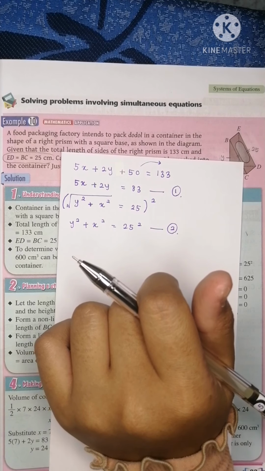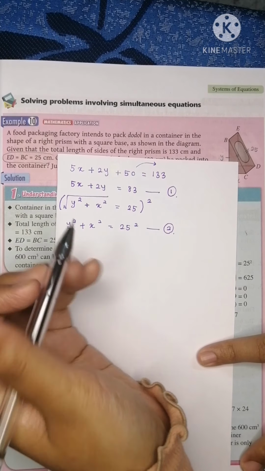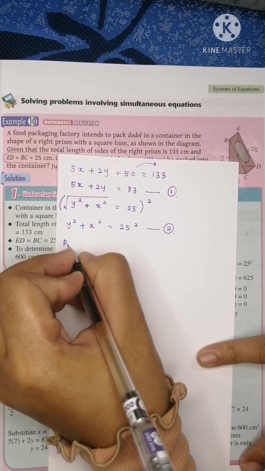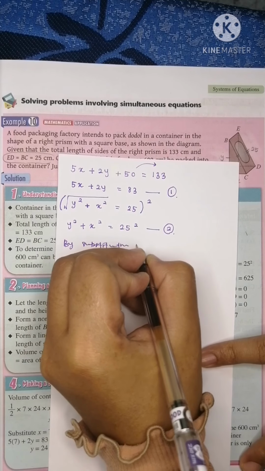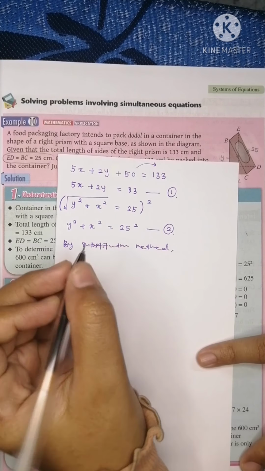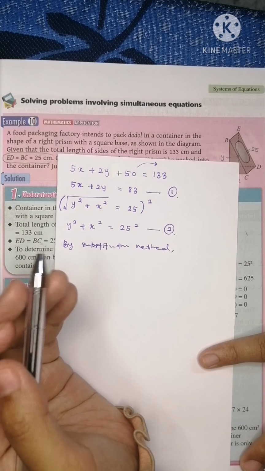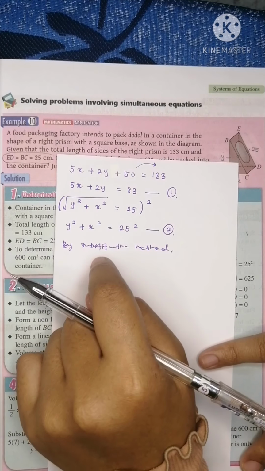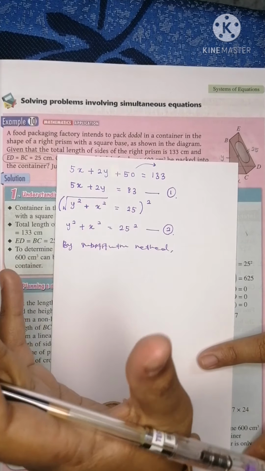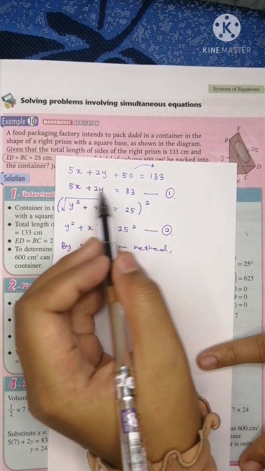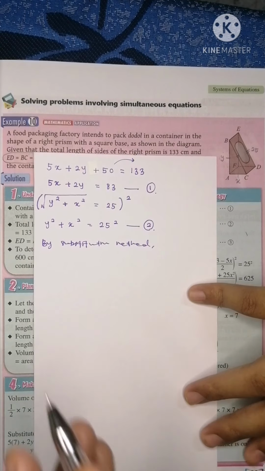For me, the easiest method is the substitution method, so I will use it. By substitution method, you need to make y the subject. I choose equation 1 to make y the subject, or x, but for this one I will choose y as the subject.